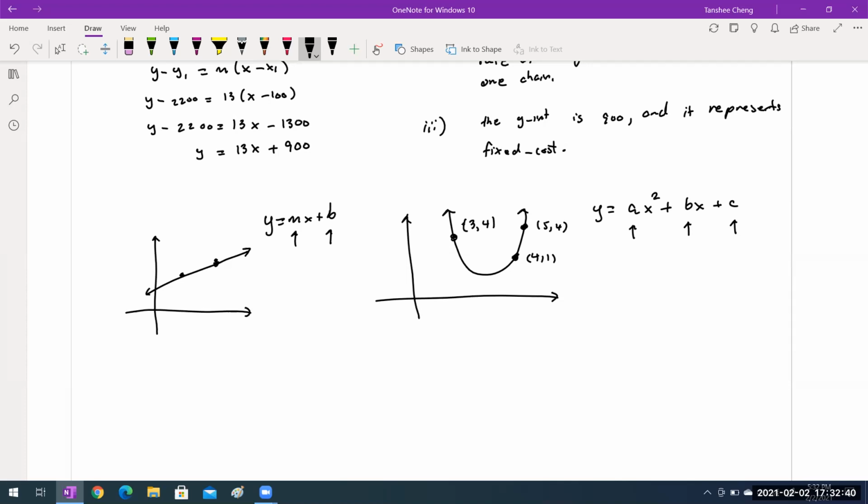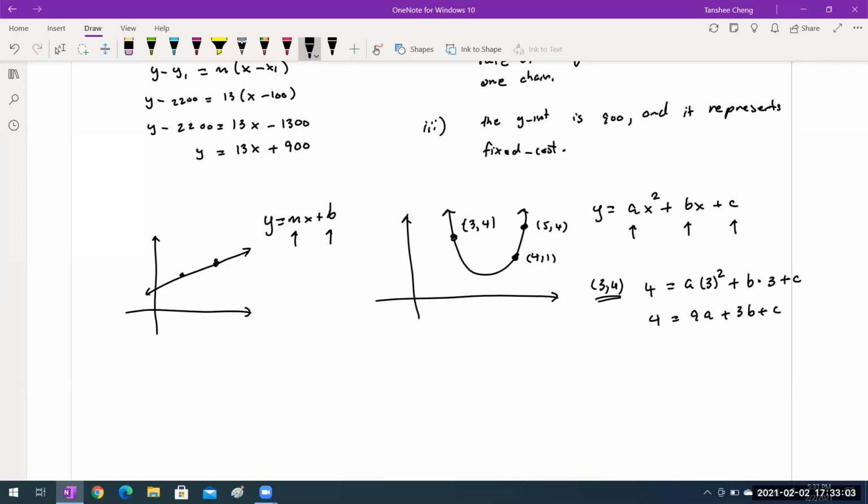Then we can use each point to set up an equation. For the point (3, 4), my y value is 4 and my x value is 3, so 4 equals a times 3 squared plus b times 3 plus c. This gives me 4 equals 9a plus 3b plus c.